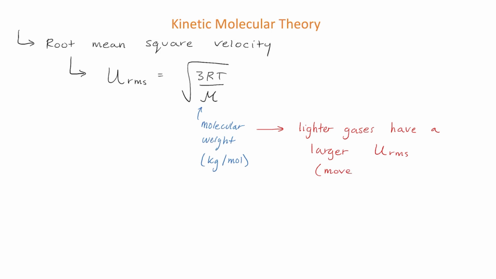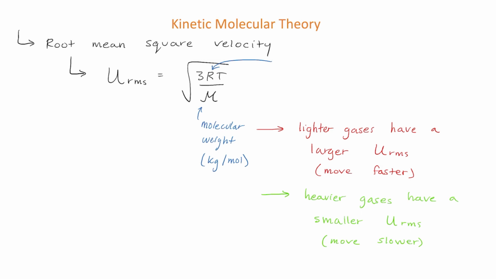But we already knew this. Lighter gases move faster. On the other hand, heavier gases will have a smaller root mean square velocity. But again, we knew this. Heavier gases move slower. And now before jumping into a practice problem, let's look at the other variables.